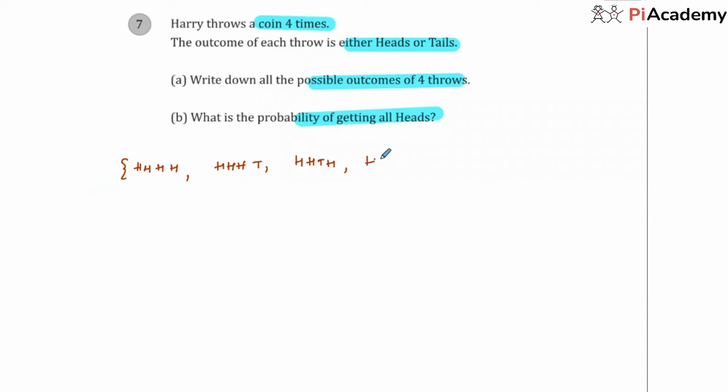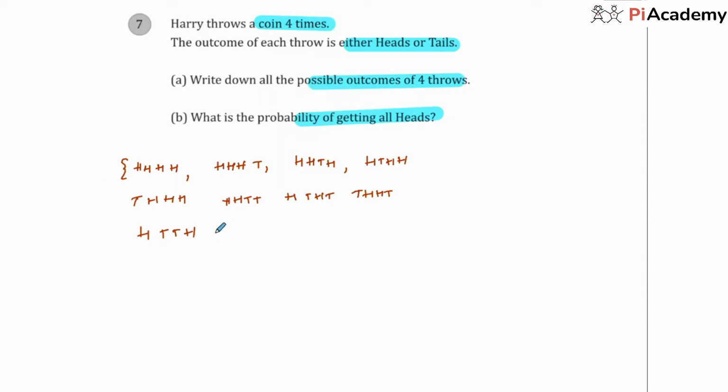And then head, tail, head, head. And then tail, head, head, head. And then tail, head, head, tail. And then head, tail, head, tail. And then tail, head, head, tail. And then you have head, tail, tail, head.